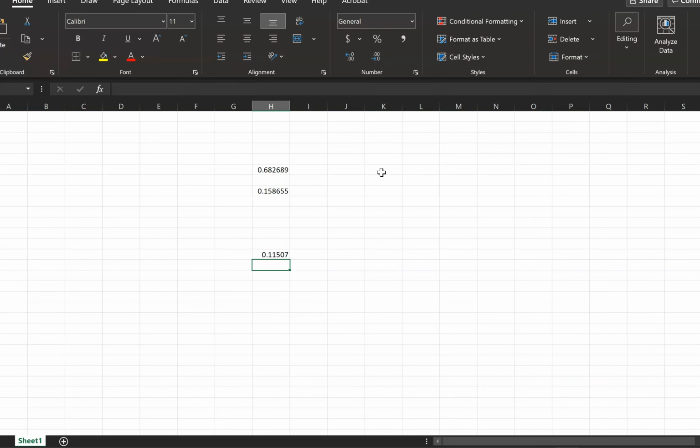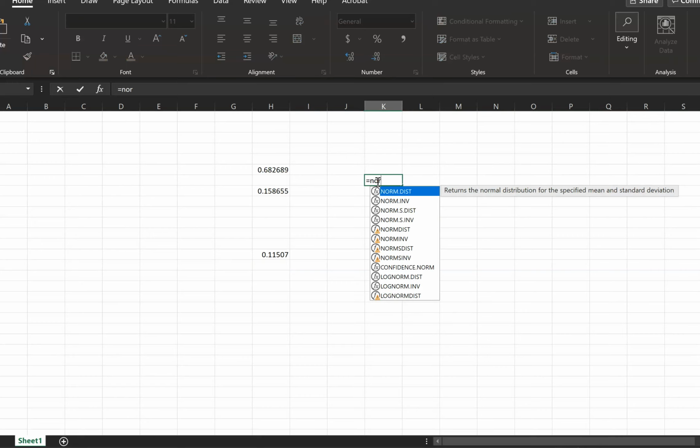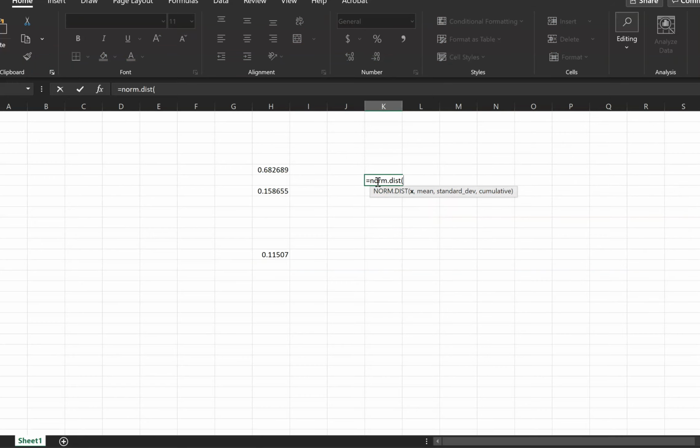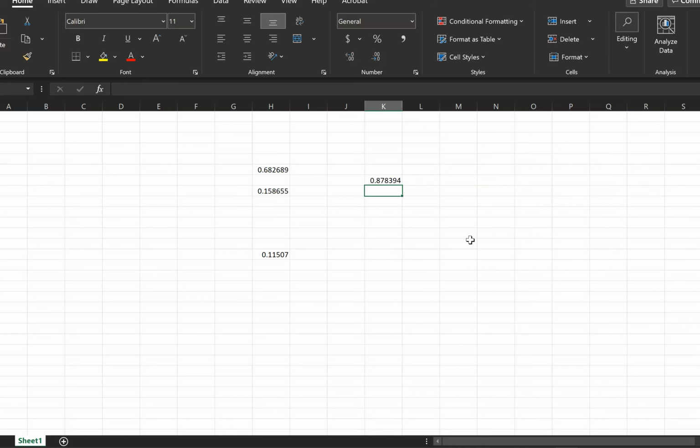Sorry, I know it's kind of redundant to write it on the paper and then type it in Excel, but sometimes this is pretty small here, so hopefully it's easier to see written out. So 2.23, then 1.75, 0.3, true, minus norm.dist, 1.3, 1.75, 0.3, true. And we get 0.8784.